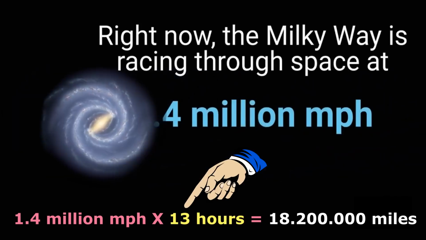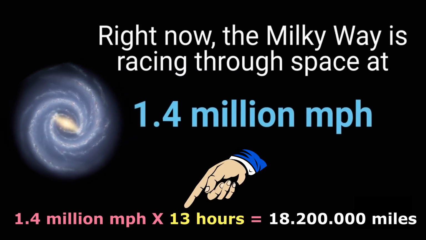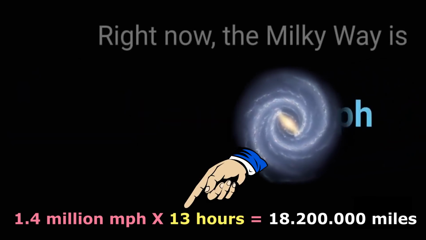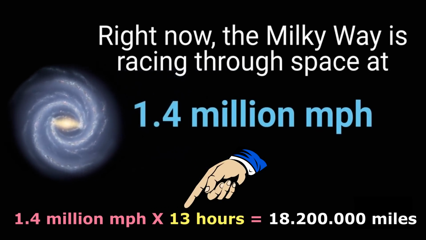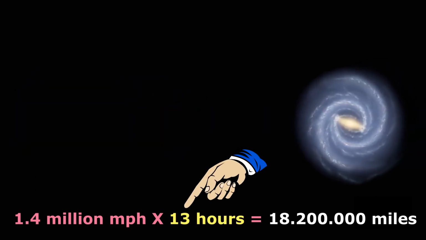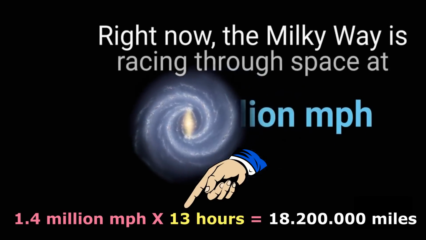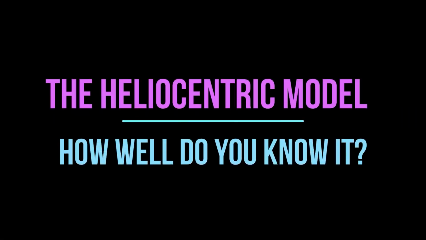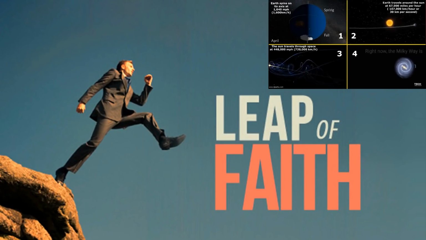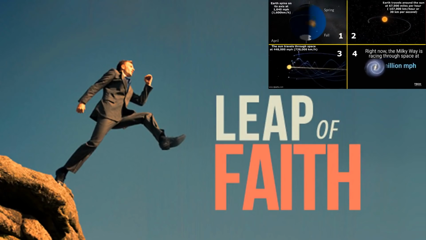If you do the math, 1.4 million miles per hour times 13 hours of flight, at the end of this flight, this airplane moved through space 18,200,000 miles. So that's why I asked at the beginning this question. How well do you know the heliocentric model? Because I didn't know that, and I have come to understand that to believe in the heliocentric model takes a leap of faith.